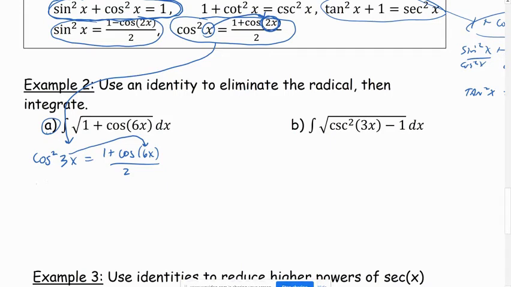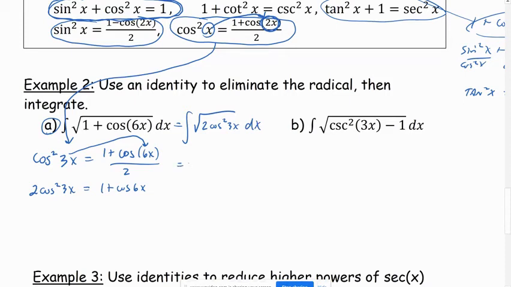And so now if I multiply both sides by 2, I have 2 cosine squared 3x equals 1 plus cosine of 6x. So now in this integral, I can replace the 1 plus cosine of 6x with 2 cosine squared of 3x.